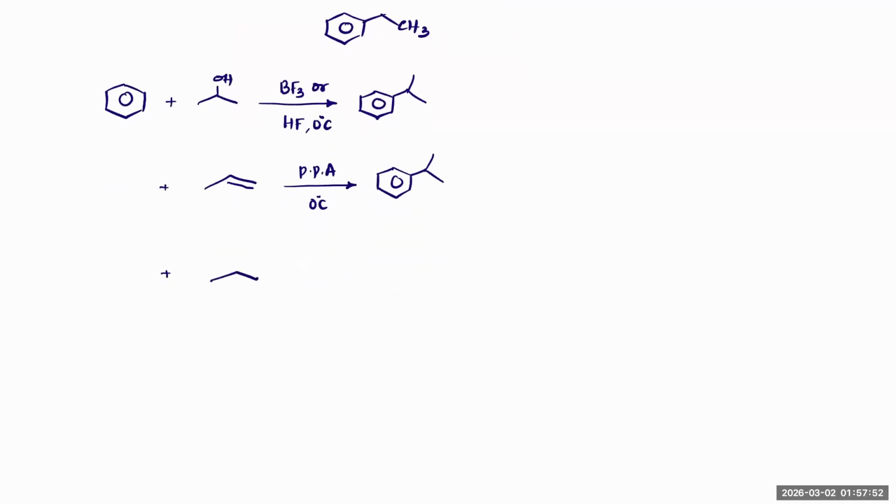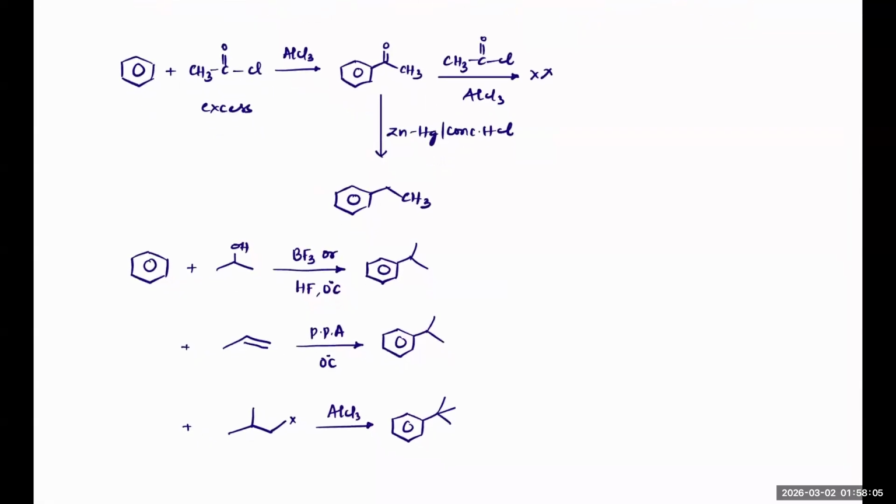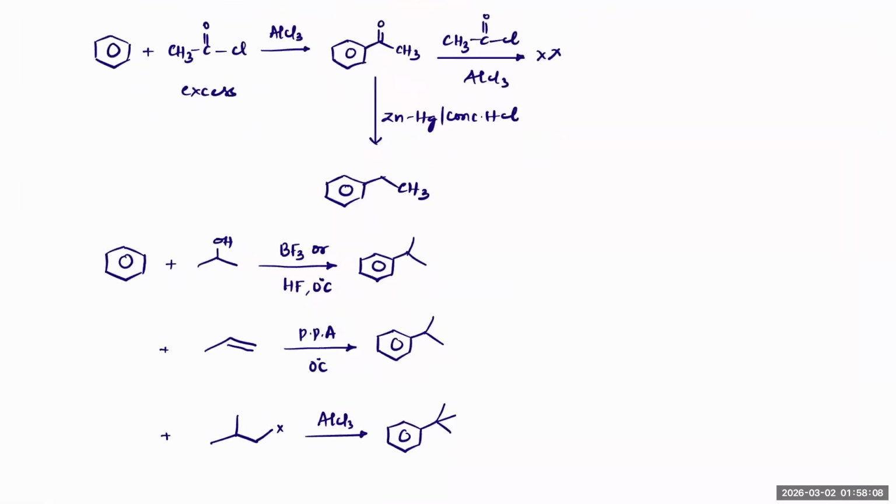Got it? You can have a halogen here with AlCl3. It can undergo rearrangement also, and then you can get this product as the major product. So these are all the alternative methods by which you can get alkylation done on benzene.